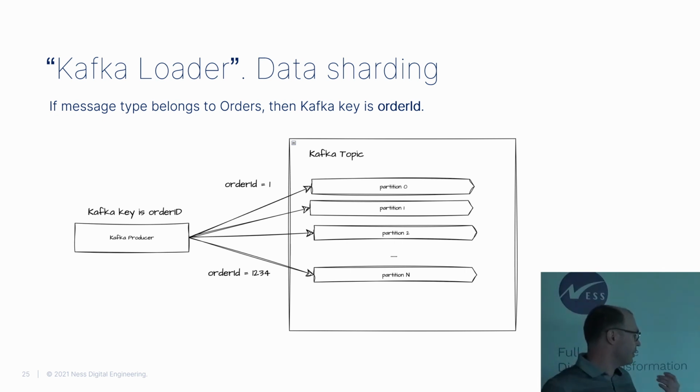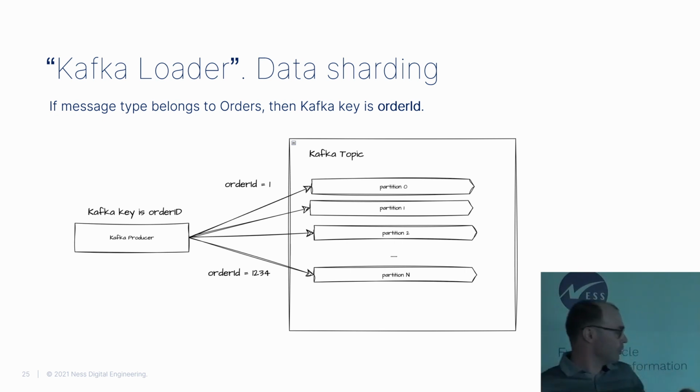Based on the key, the Kafka producer calculates the corresponding partition and sends this message into that specific partition. If you get another order with the same ID, this message will be sent to the same partition. This is important, because this is how we preserve the sequence of message processing.